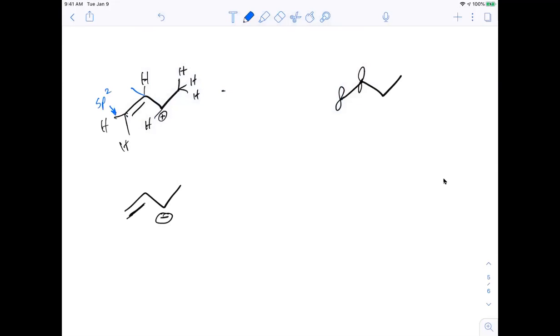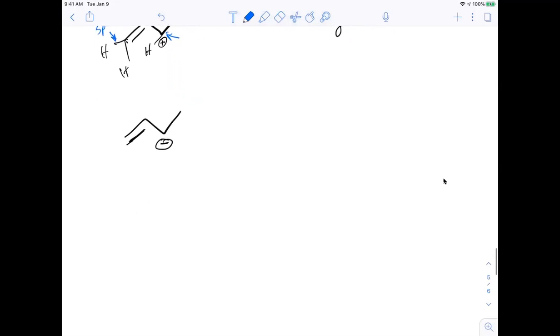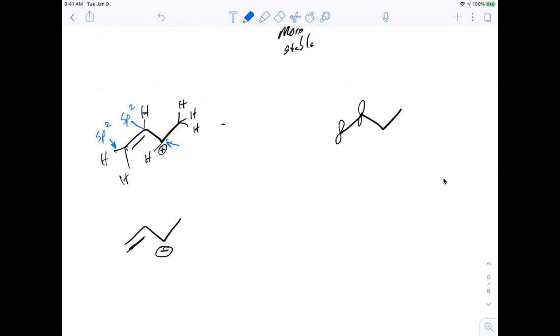Here, 3 things attached, no lone pairs, sp2. Here, the question mark with that carbocation, right? I have 3 things attached, so that's sp2. Here, sp3, I have 4 things attached.